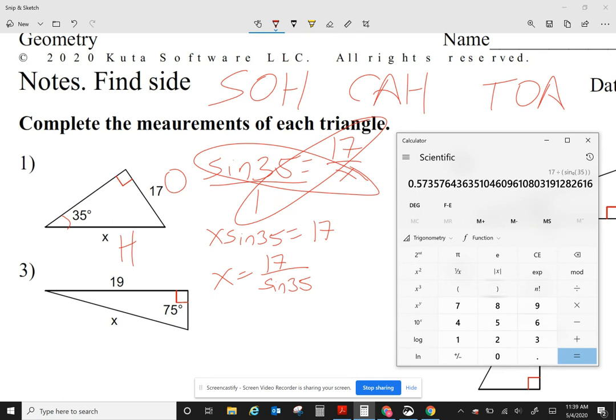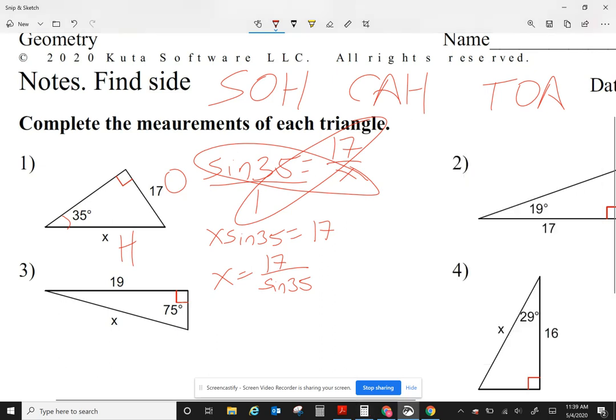Now that 0.57, that is what sine of 35 is. So in order for me to know how much is 17 divided by sine of 35, I'm going to press the equal sign and I get 29.63. I have to complete the measurement of each triangle, so I'm going for the nearest tenth, one decimal place. I'm going to say this is 29.6.